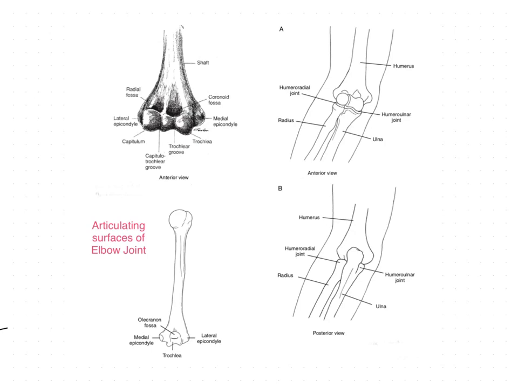So proximally, the elbow joint is formed by the trochlea and the capitulum, the trochlea and the capitulum of the lower end of the humerus.